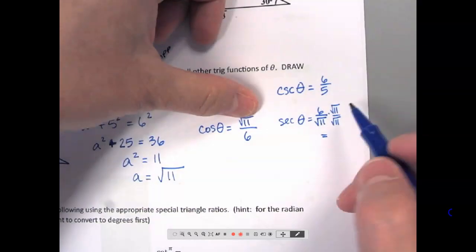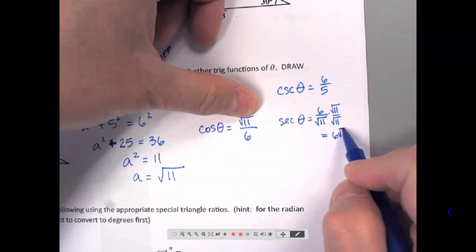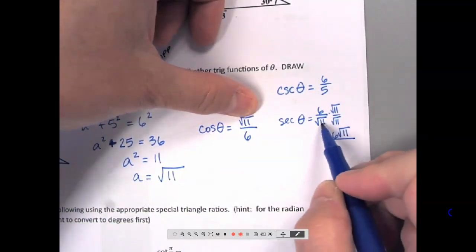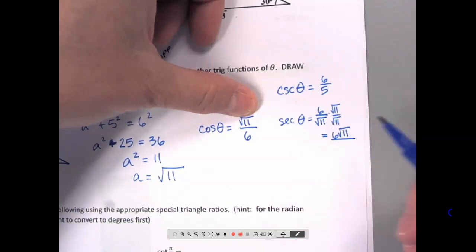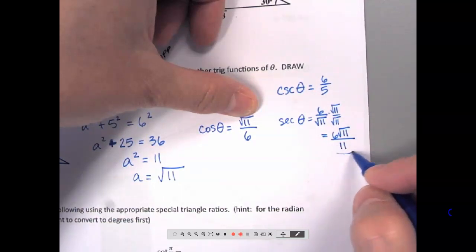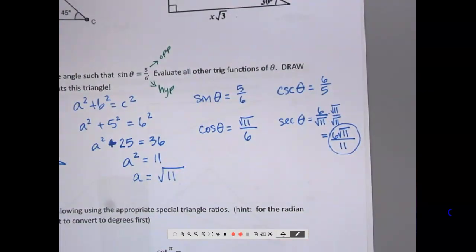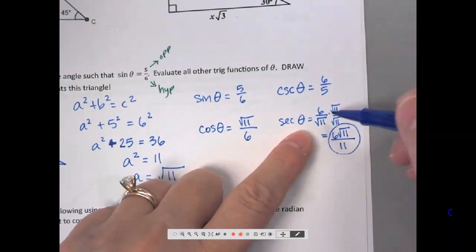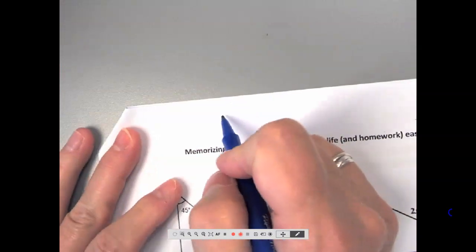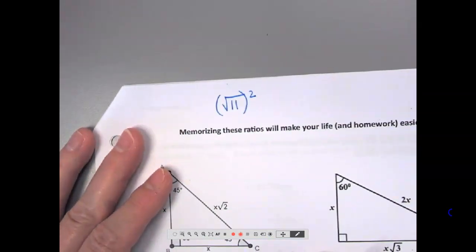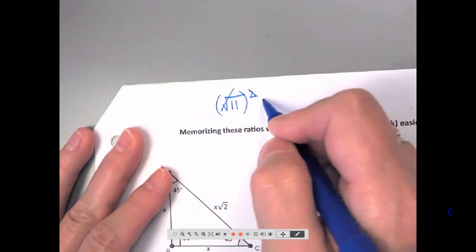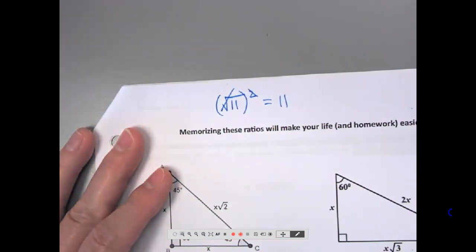A cool answer. 6 square roots of 11 over, well, square root 11 times square root of 11. 11. Technically square root of 121, but it doesn't even matter what that product is. If I'm multiplying two square roots, look, that's square root of 11 squared. Isn't that what I just did? Square and square root cancel each other out, and I get 11. Okay?